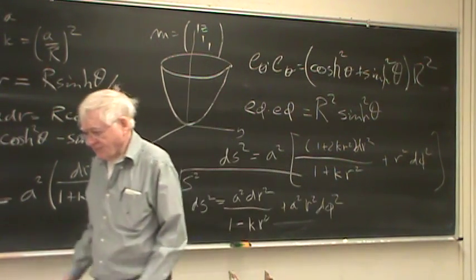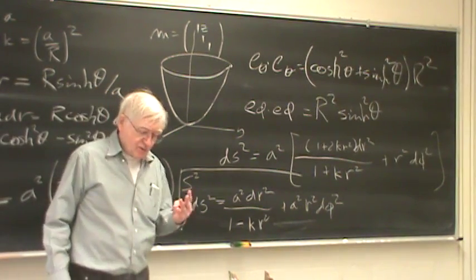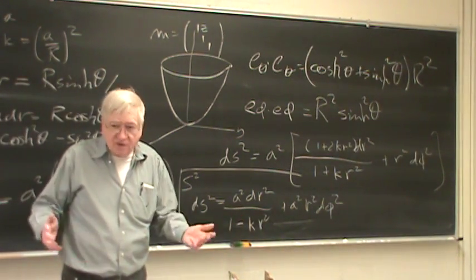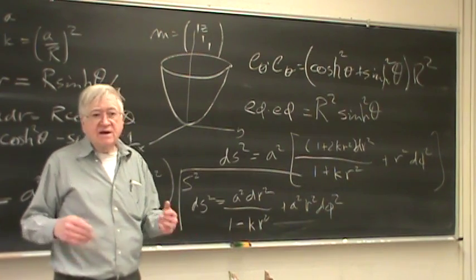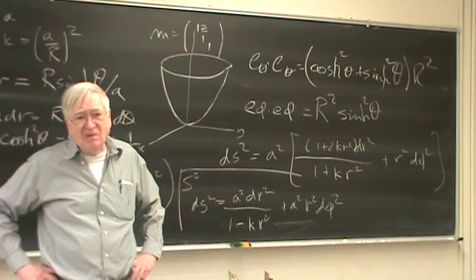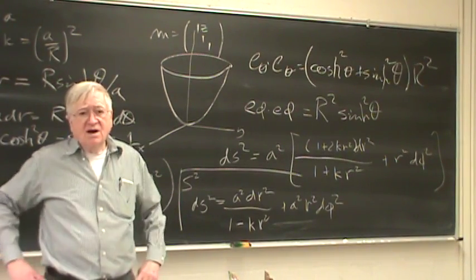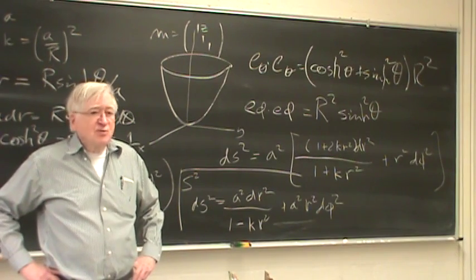These are the three maximally symmetric 3-spaces, and one of them is just trivial, Euclidean 3-space. Put together, they constitute the space part of the models that we use in cosmology. And the cosmological model is very simple.